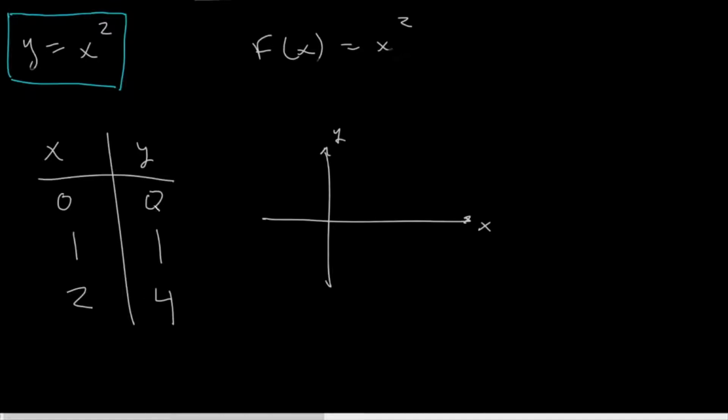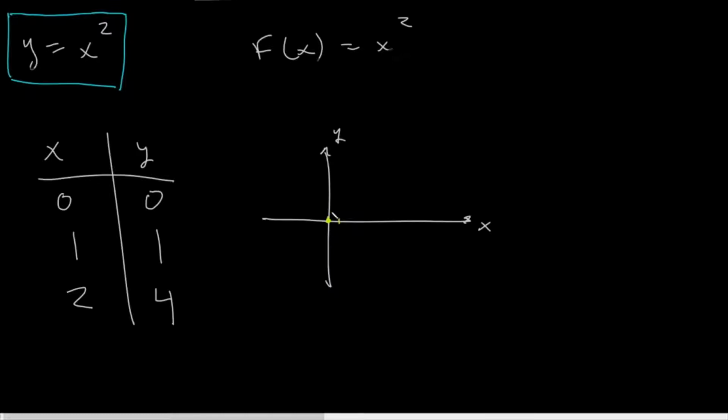Here are three ordered pairs for this function. They satisfy the function, so they will lie on the graph. So let me just plot these. I'll plot 0, 0. That's just the origin. Is everybody used to making a table like this? Let me plot 1, 1.